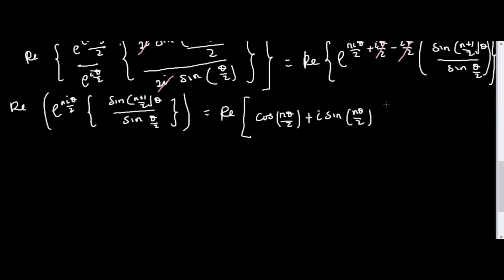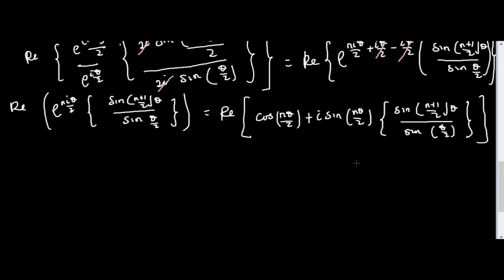Is it clear? Then our normal expression, sine of (n plus 1) over 2 theta, over sine of theta over 2. Don't be discouraged, you'll soon be done. Step by step. So you know what we're going to do now?